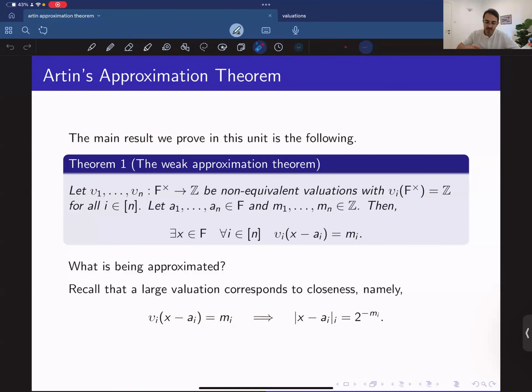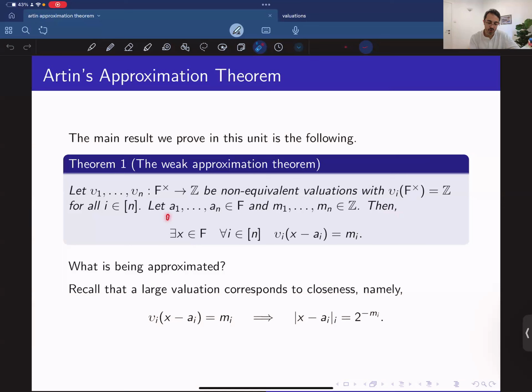Oh, sorry, actually I am assuming for this theorem that these are valuations whose image is Z, right? You'll see in a second why it is needed. We are not going to need this property for the entire unit, but for the last slide. So I kind of forgot about it. But yes, we are going to assume all of them are onto.